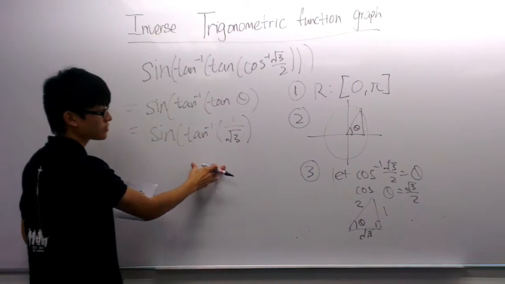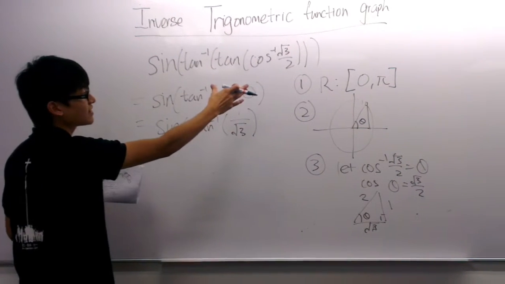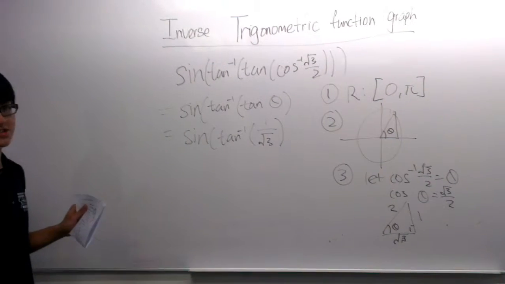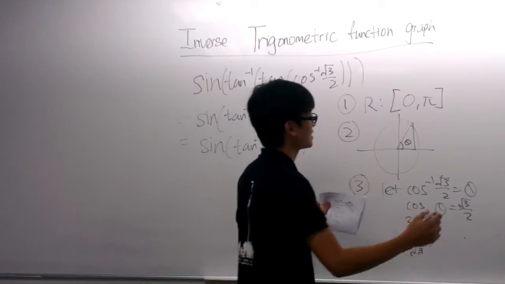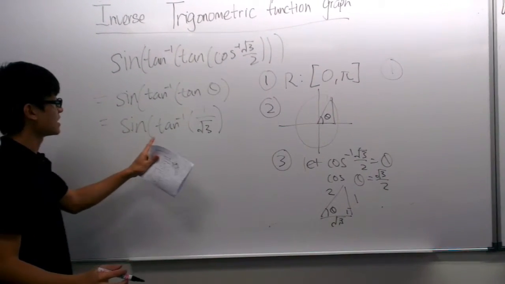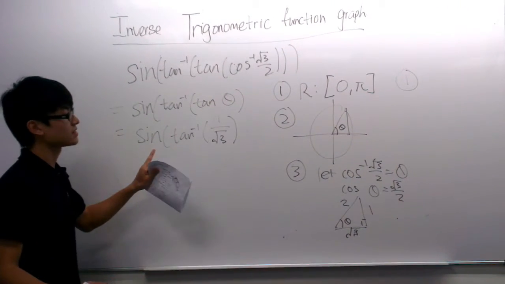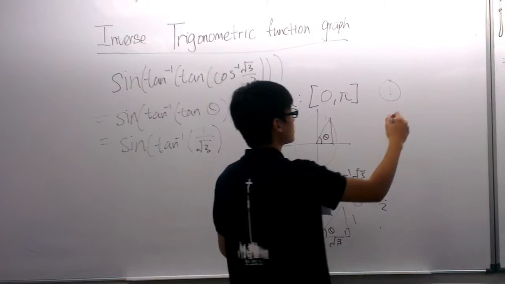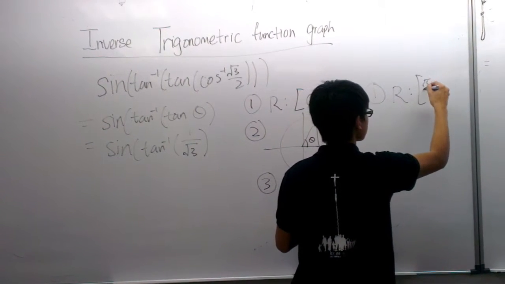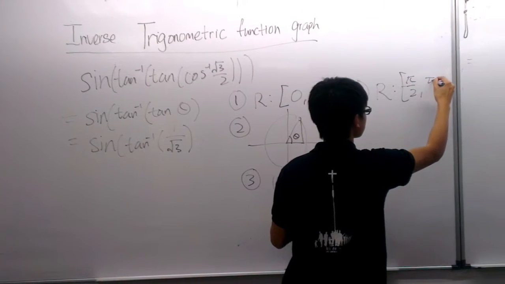Up to this stage, we need to redo the same steps as we used just now. Let's rewrite again. Now we change the range to the arctangent range, which is from negative pi over 2 to pi over 2.